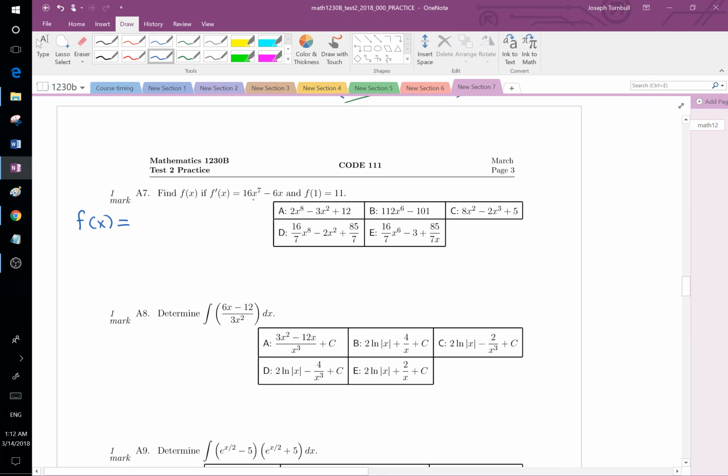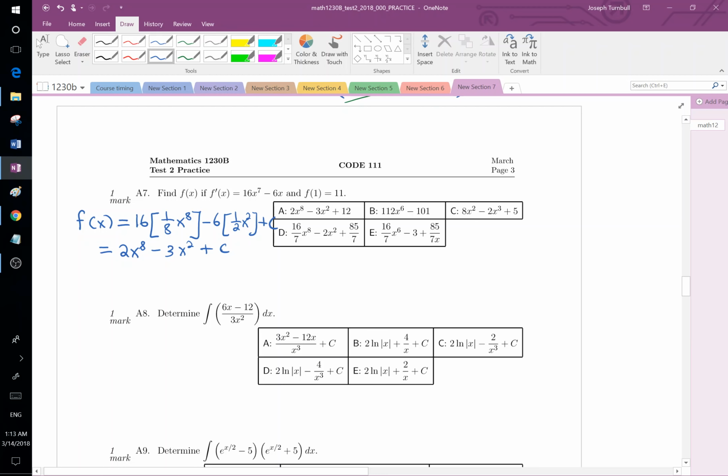We're going to take the antiderivative of 16x to the 7. The antiderivative of x to the 7 is 1 over 8 x to the 8. The antiderivative of x is 1/2 x squared. And we need a plus c. Let's clean that up. 16 over 8 is 2, x to the 8. 6 over 2 is 3, x to the 2 plus c.